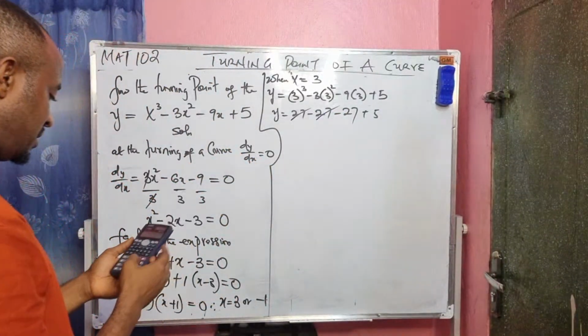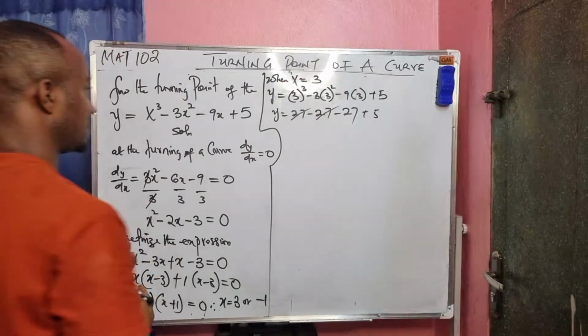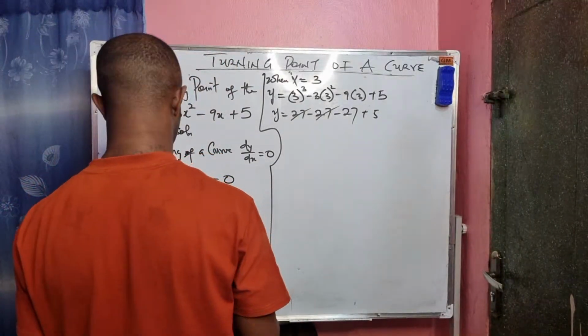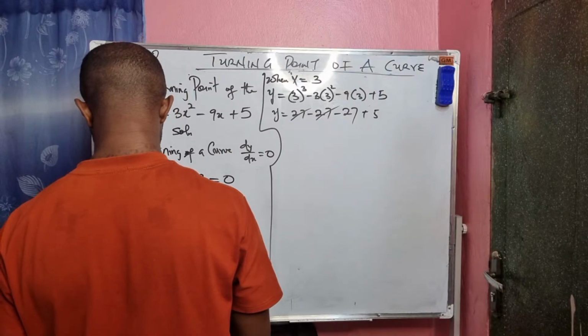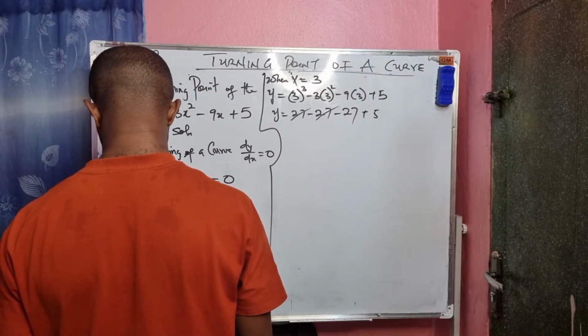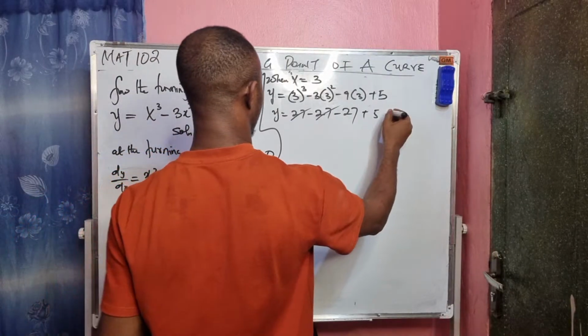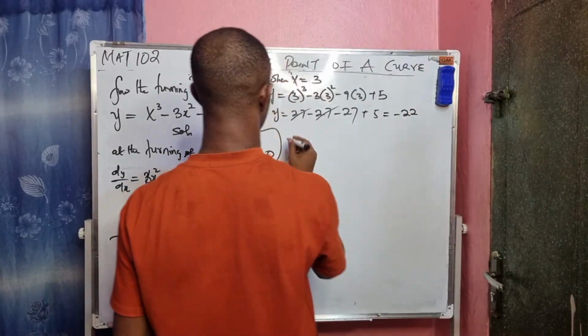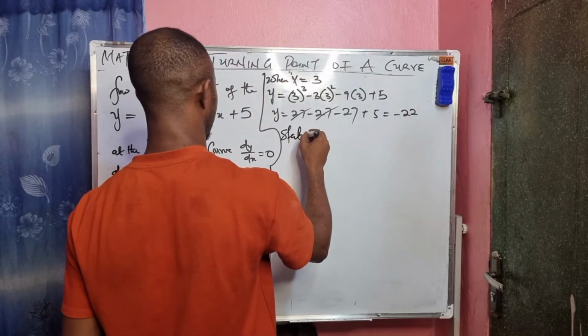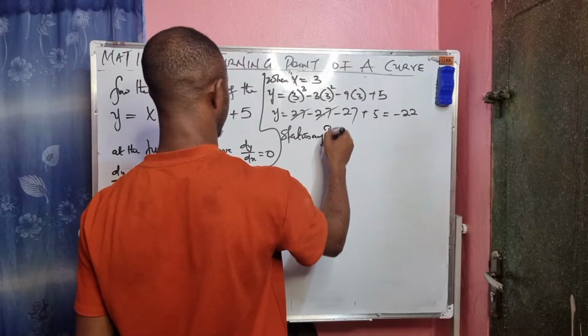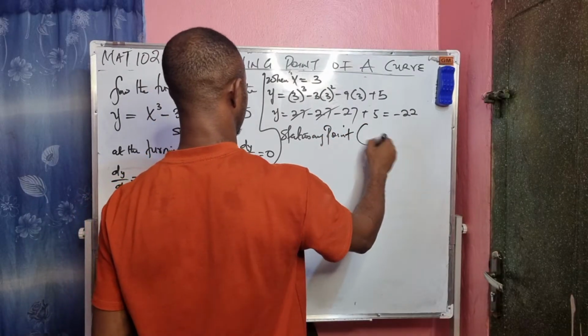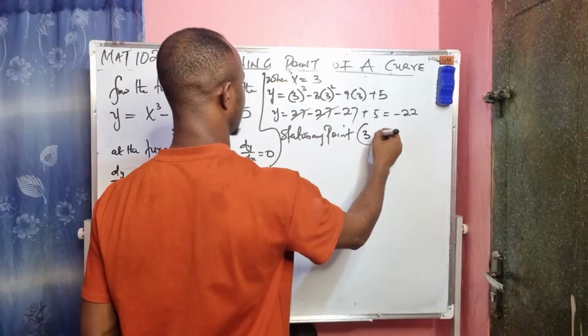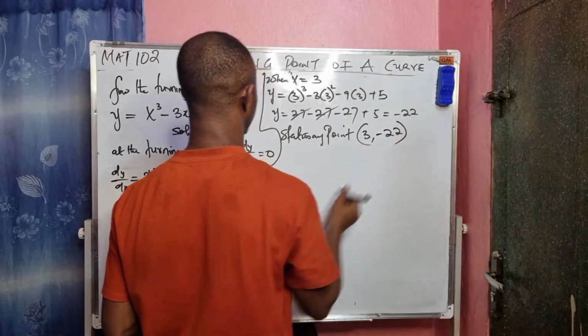So the next should be minus 27 plus 5 gives us minus 22. So y is minus 22. Then our first stationary point is when x is 3, y is minus 22.